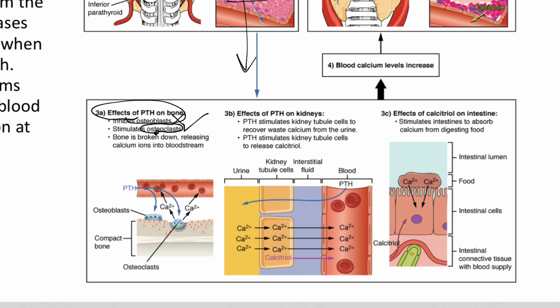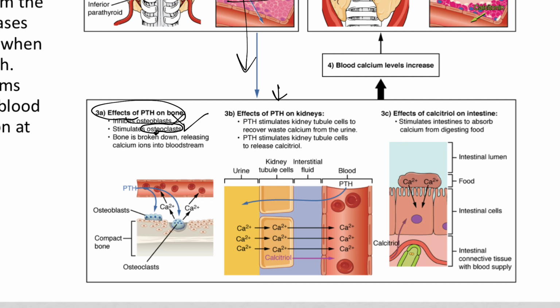The second effect is on the kidney. Your kidneys have to decide whether calcium gets returned back to the blood, or if there's excess calcium, it's going to have to be excreted in the urine. Right? If a person eats a very high calcium diet, you don't just keep storing it in your bones forever. It is going to get excreted through the urine. So if you have too much blood calcium, it's excreted in the urine.